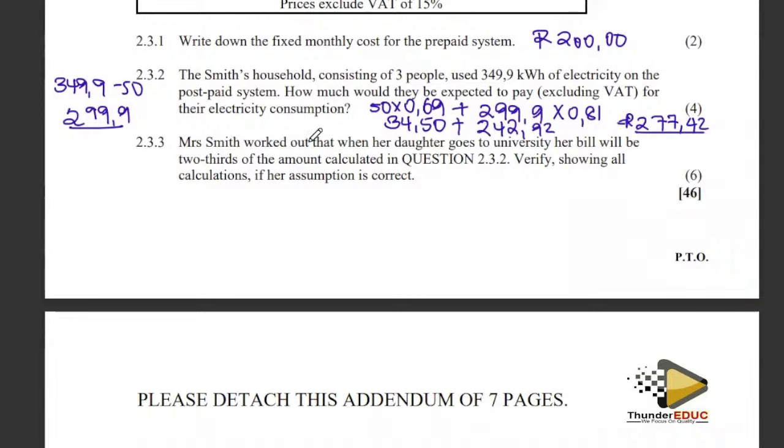All right, here we go. Mrs. Smith worked out that when her daughter goes to university, her bill will be 2/3 of the amount calculated in question number 2.3.2. Verify, showing all calculations, if her assumption is correct.